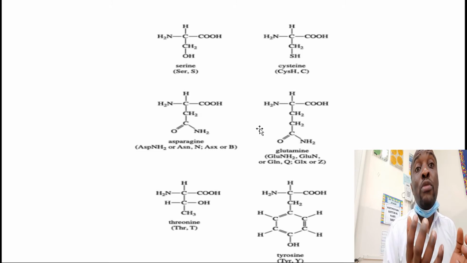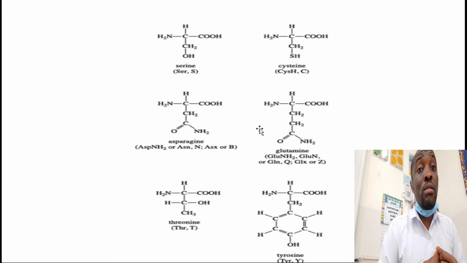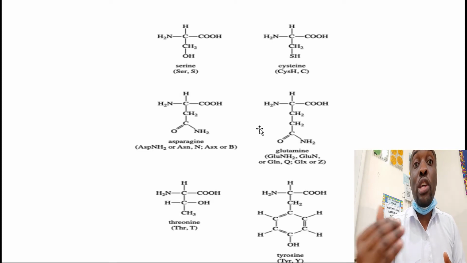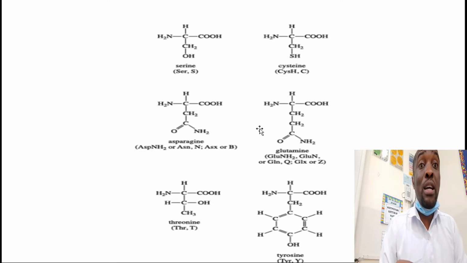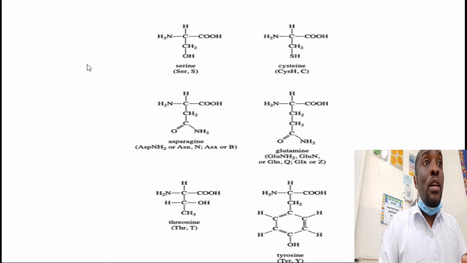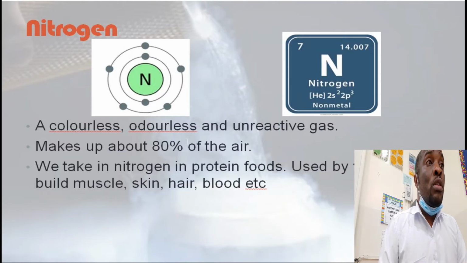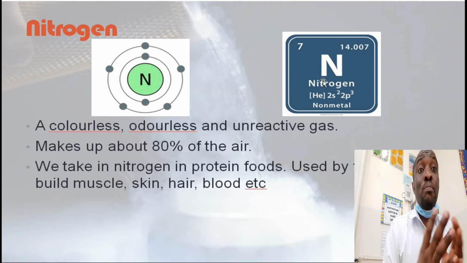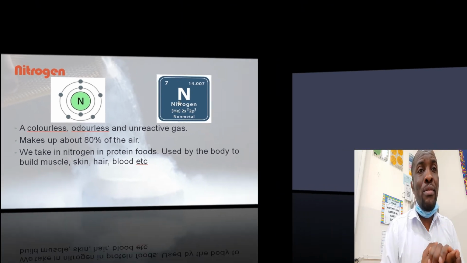So this is how we obtain nitrogen in our body from protein food like meat and chicken that we eat. So learners, going back to our nitrogen atom, we'll have to build a nitrogen atom and see the number of protons, neutrons, and electrons of our nitrogen.